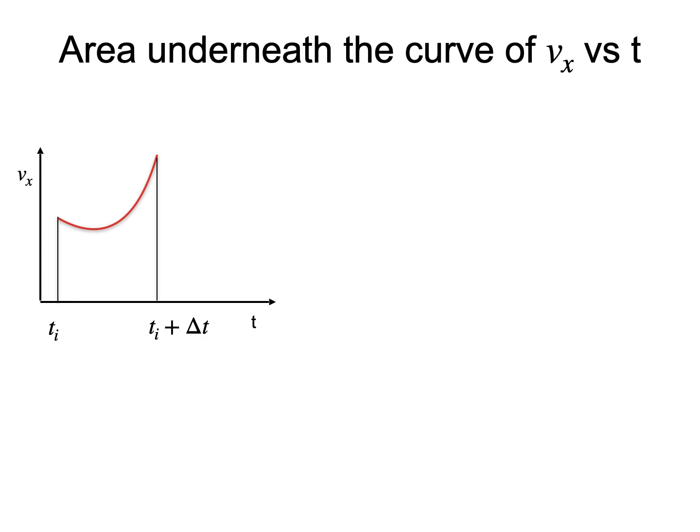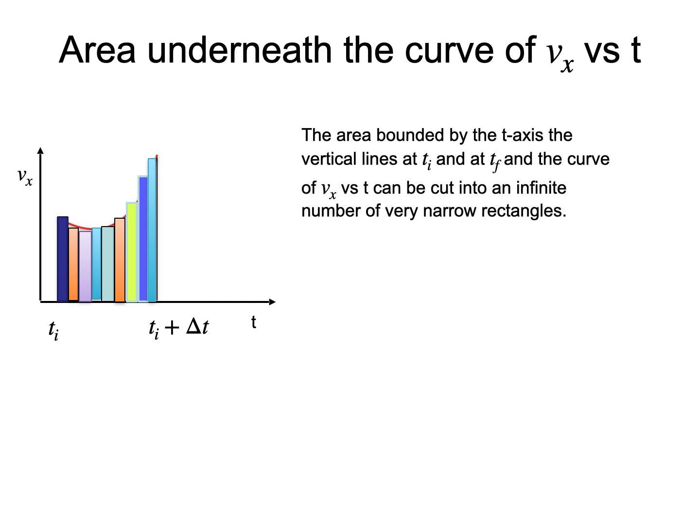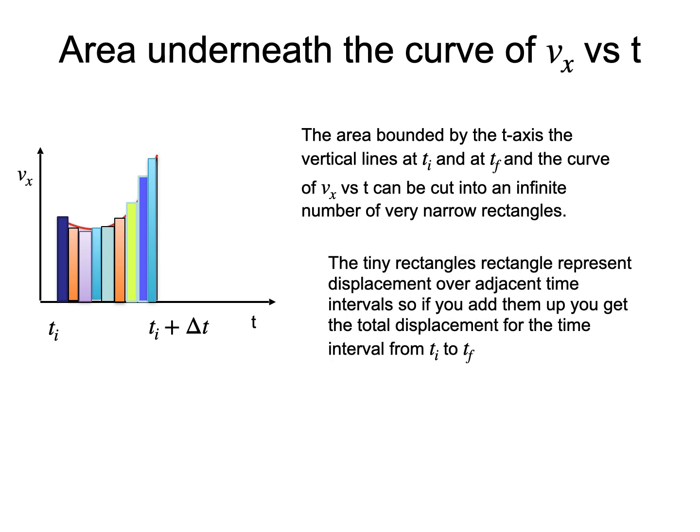We could split this area into narrow rectangles with length equal to a fairly constant Vx if the width is infinitely small. Each of the tiny rectangles represents displacements over adjacent time intervals that can be added up to get the total displacement for the interval from ti to tf.